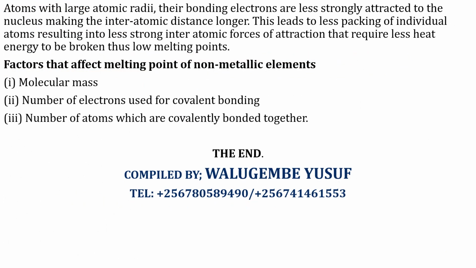Now, as we have come to an end, what are the factors affecting the magnitude of melting points of non-metallic elements? The ones that I gave in the previous slide were strictly for metals. So for non-metals, we shall be looking at molecular mass. This is a common concept.